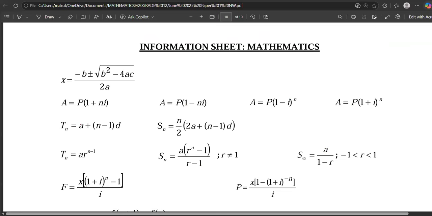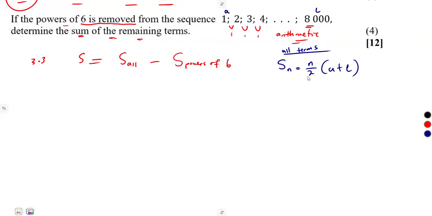Or you can use the other one, it is still one and the same for the sum of terms. You're still going to obtain the same answer. But when you are given the first term and the last term, remember, guys, I said this is the shorter one that you can use. So remember, all terms form an arithmetic, and all of them will be 8,000. So we're talking about the sum of 8,000.